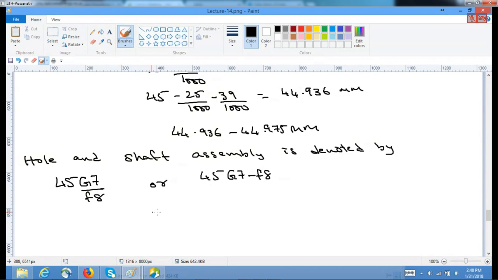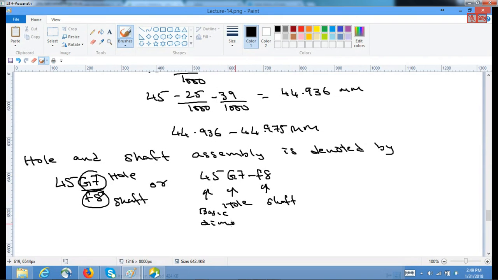So this part is for the hole, and this part is for the shaft, and this is our basic dimension.